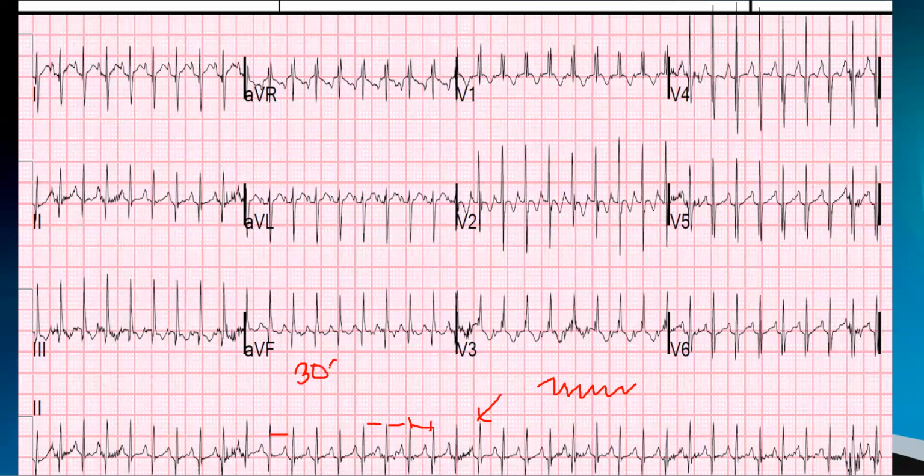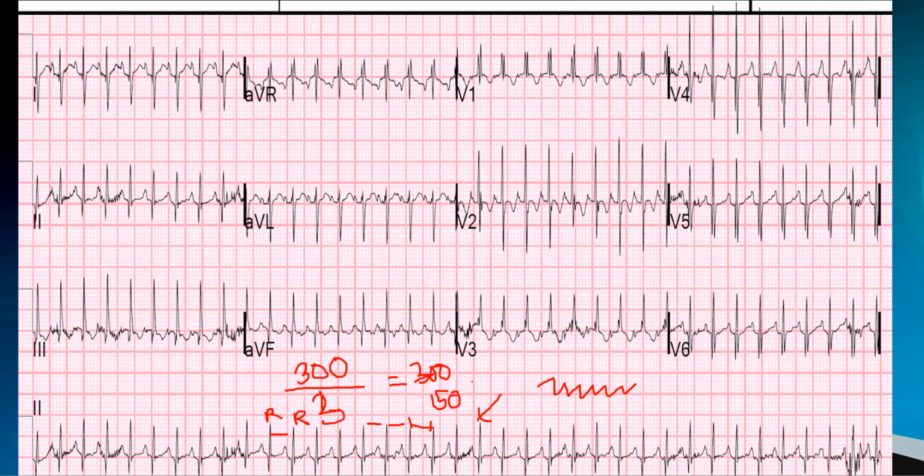The trick is, to get the heart rate, we divide 300 by the number of large squares between the RR interval. If there is one large square between two R waves, the heart rate will be 300. If there are two large squares, the heart rate will be 150.